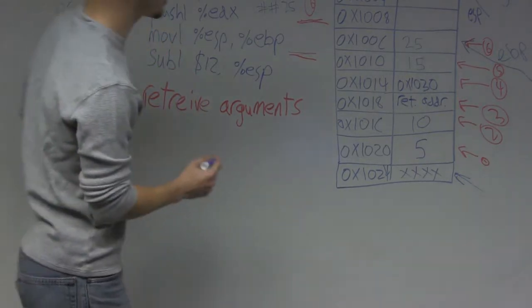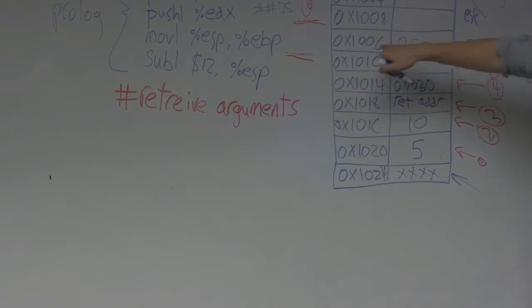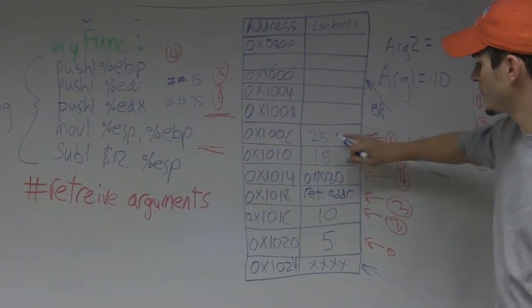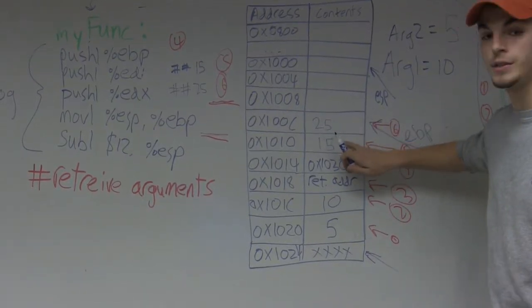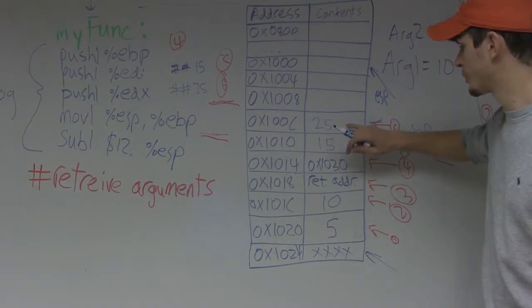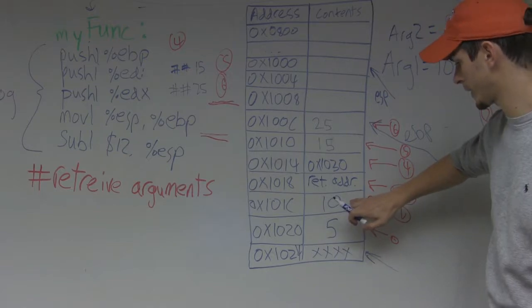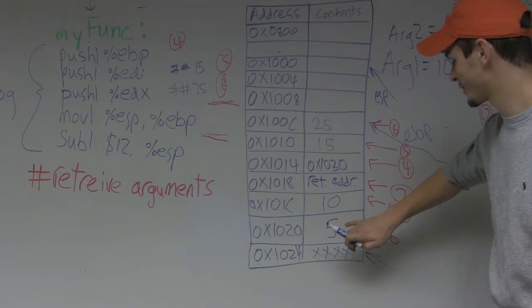So, since we're adding an offset to our base pointer, which, if you recall, is now pointing at this location, 100C, all we need to do is find how many bytes offset from this location pointed to by the base pointer is our first argument and our second argument.